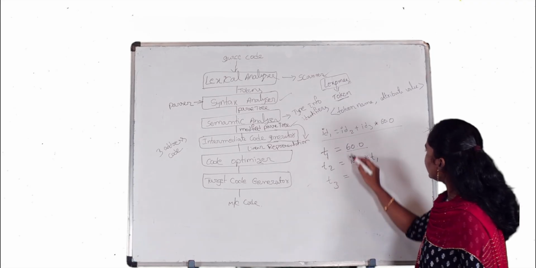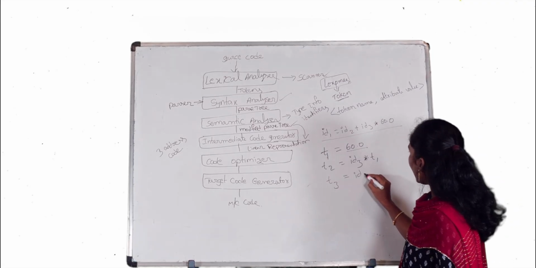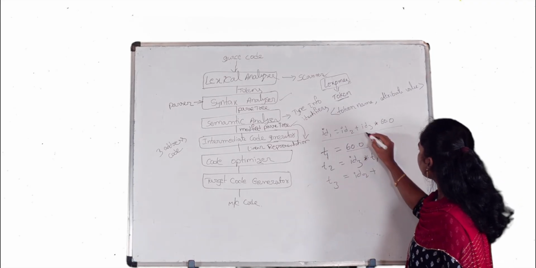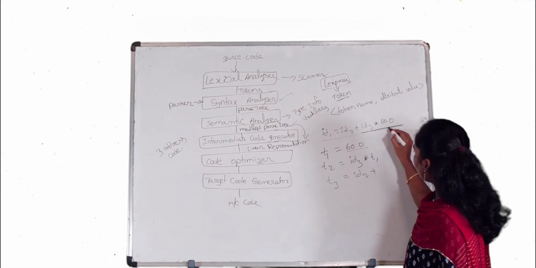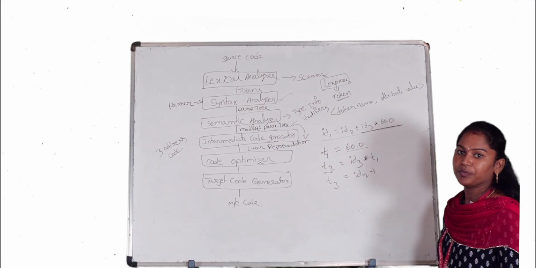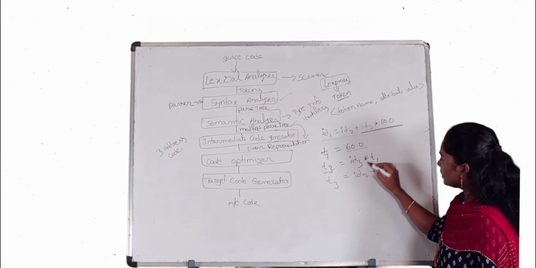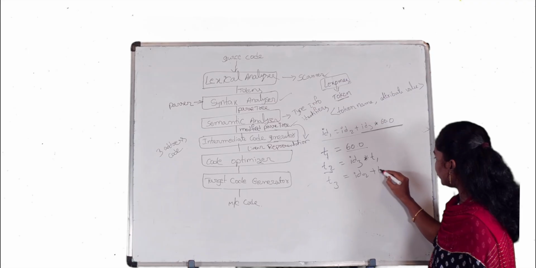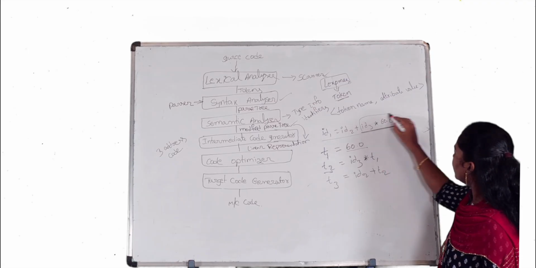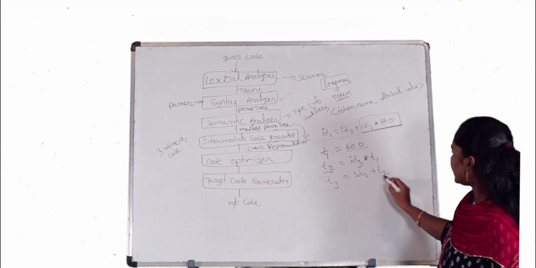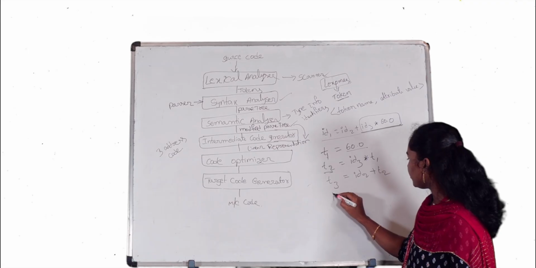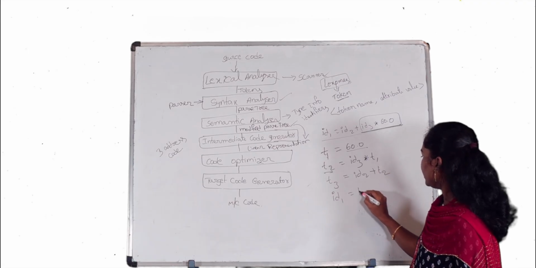Next, T3 equals id2 plus T2, because this result is stored in T2. So we can replace this entire id3 into 60 as T2. Next, the final one, id1 equals T3.